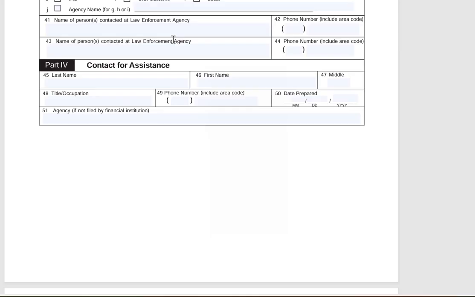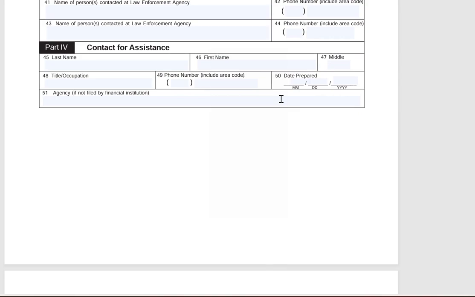And the contact for assistance, if the financial intelligence unit wants some assistance from the bank, or needs some reports or data from the bank. Then we add the details of the person who will provide assistance for that financial institution: last name, first name, middle name, title or occupation, phone number, and the date prepared.